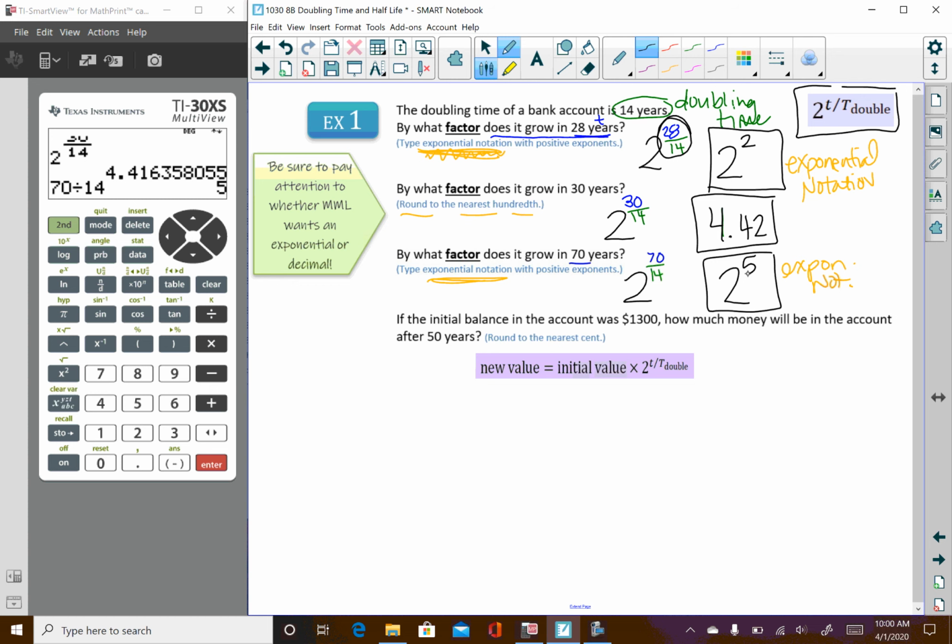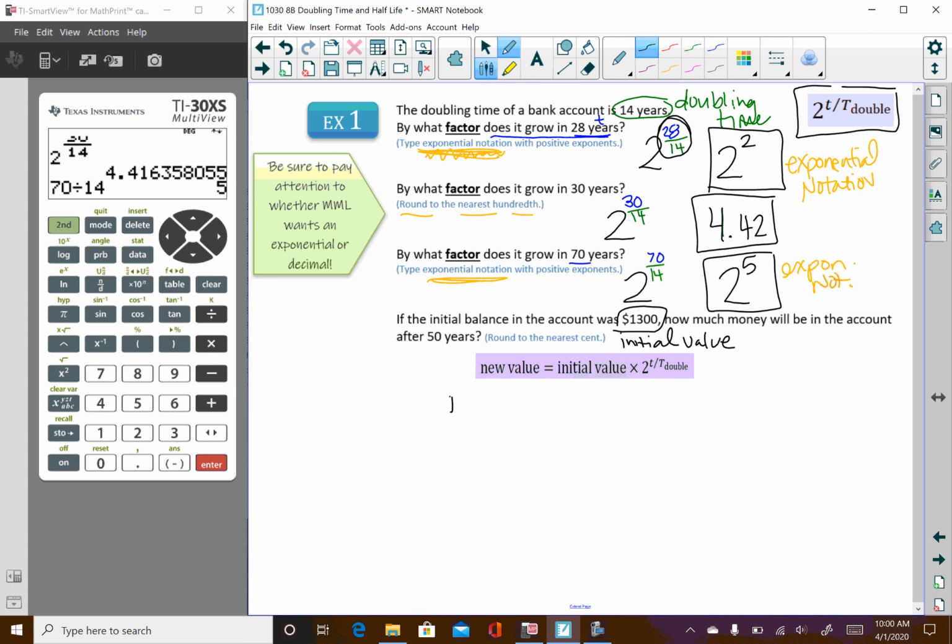So if it says by what factor does it grow, you're just doing 2 to the power of time divided by doubling time. This next one is using our equation for the new value, which I have there on your screen. So we know our starting amount was 1,300. That's the initial value.